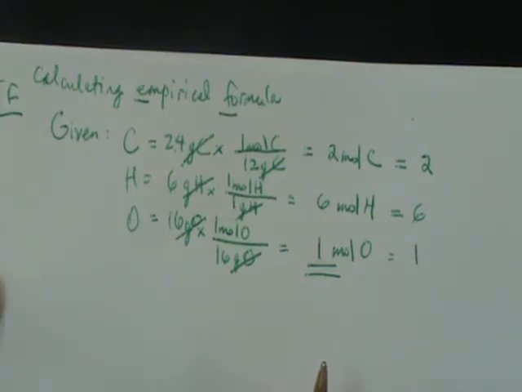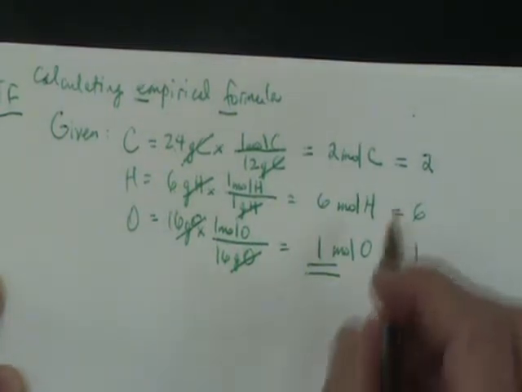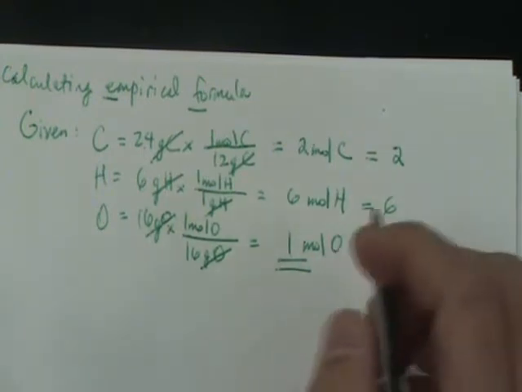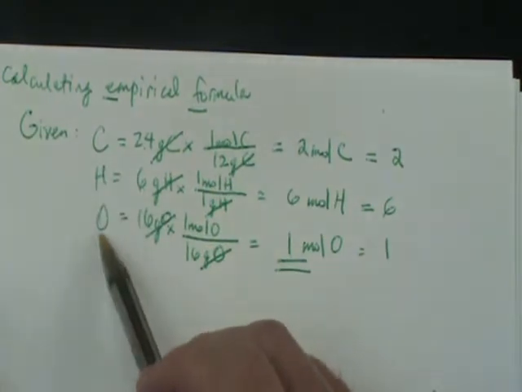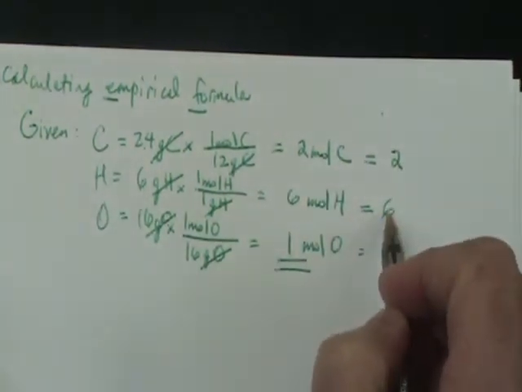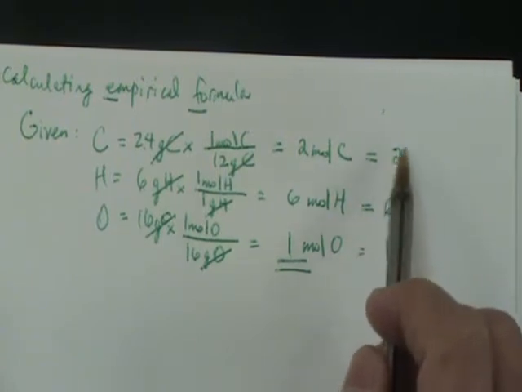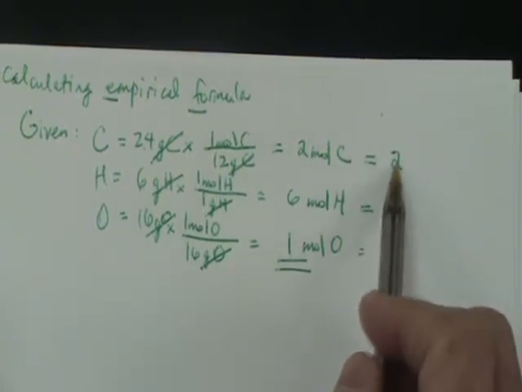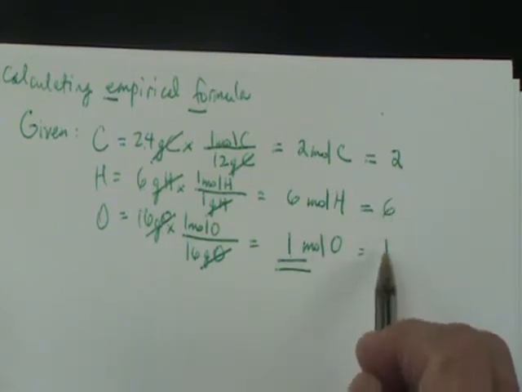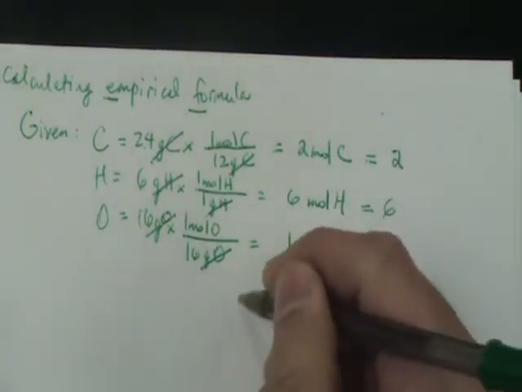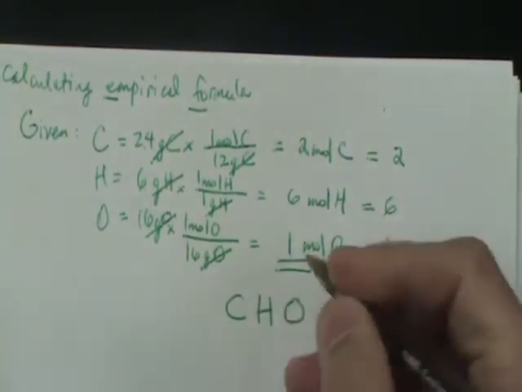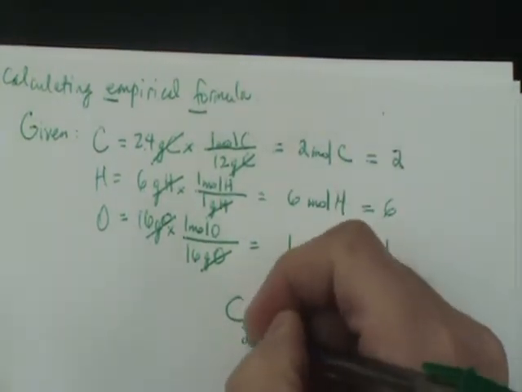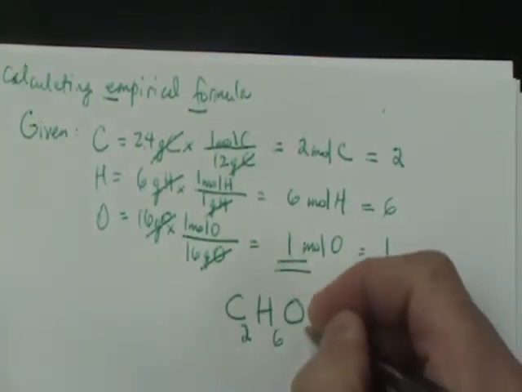Now when we're talking about empirical formula, we're not using any decimal points. We're always using your simplest whole number ratio. All right, so our ratio of carbon to hydrogen to oxygen is 2 to 6 to 1. So that means we have 2 atoms of carbon to 6 atoms of hydrogen to 1 atom of oxygen. So when we write down the empirical formula, we have CHO, we put the 2 here, here's the 6, here's the 1.